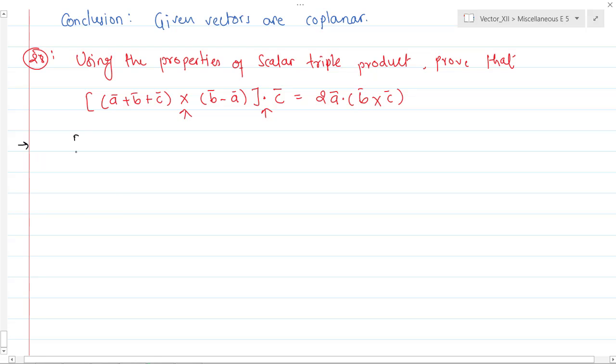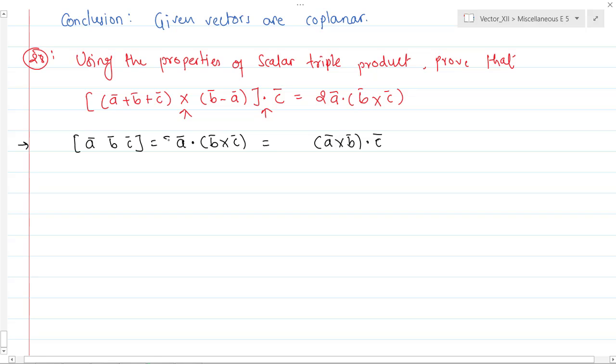So the theorem is like this: a bar, b bar, c bar is equal to a bar dot b bar cross c bar, and you may also have a bar cross b bar dot c bar. So interchanging of the cross and dot will not affect your answer.